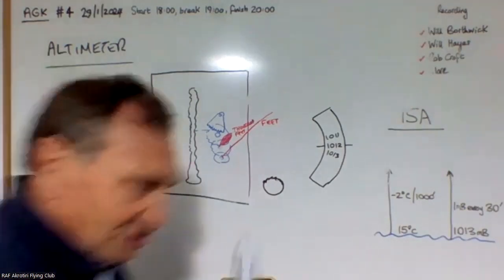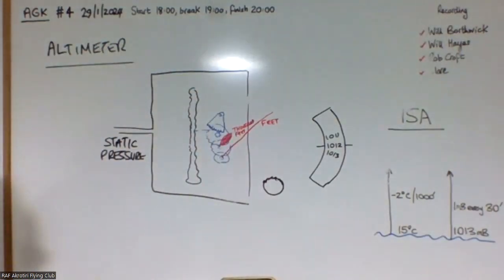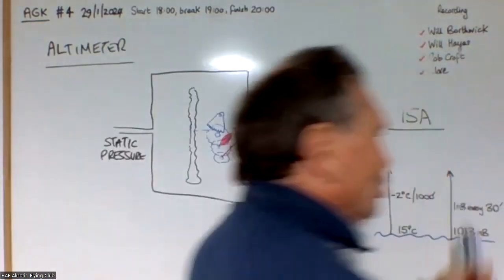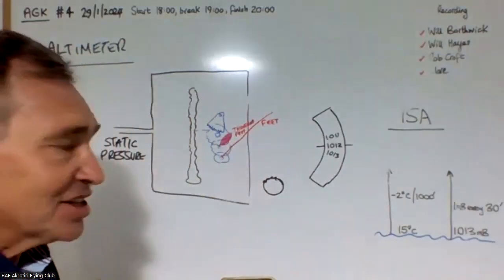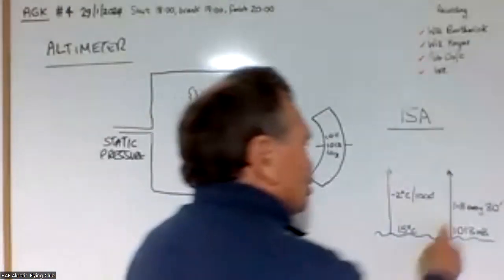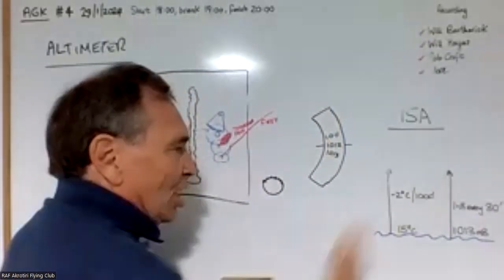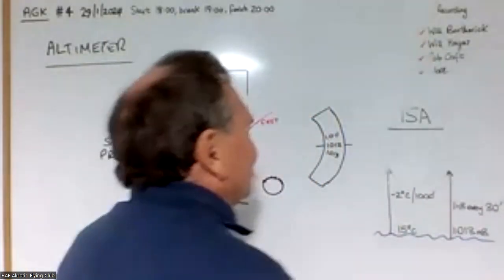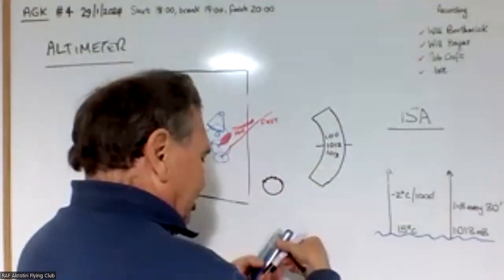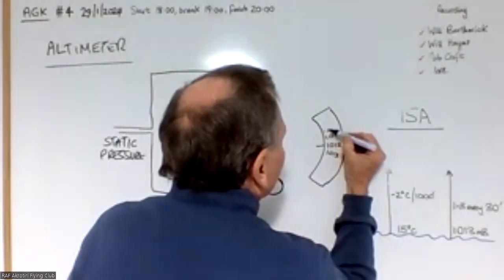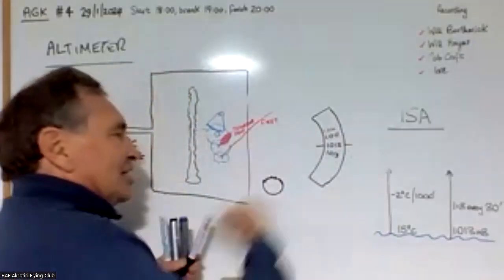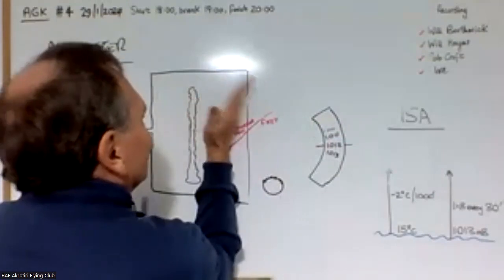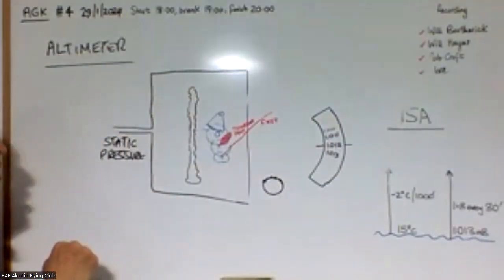Well, not for the day, for the hour. And obviously, as you fly around a bit more and cover more distance, or as the day progresses, this pressure at sea level might change from 1013 or 1012. It might become 1010, in which case you would then move this knob until 1010 came there.